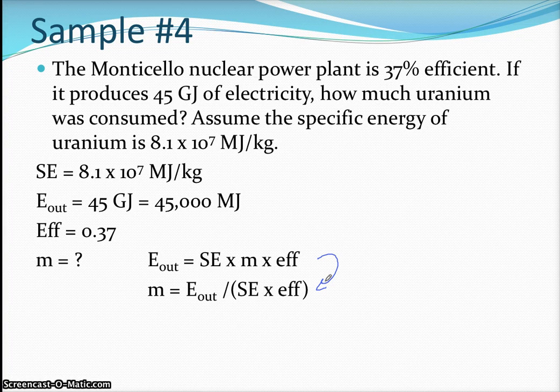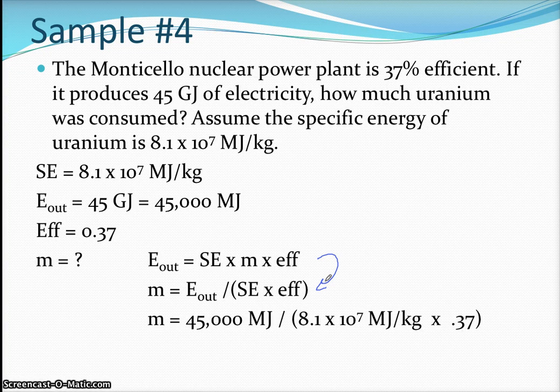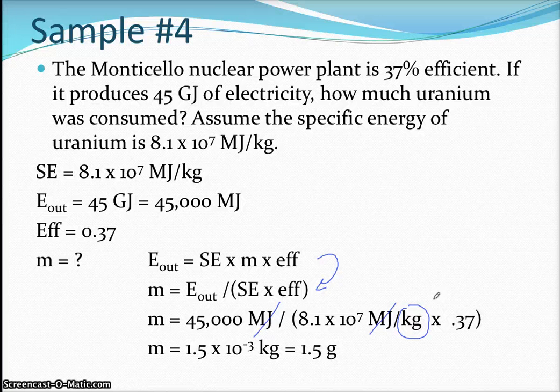Kind of the reverse of the last problem you did. Plug in our numbers. Be really careful to cancel your units. And again, you've got a 1 over 1 over kilogram situation, giving you the final units of kilograms. And I put it in grams. You certainly don't have to.